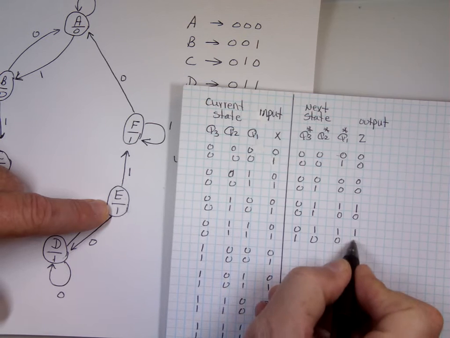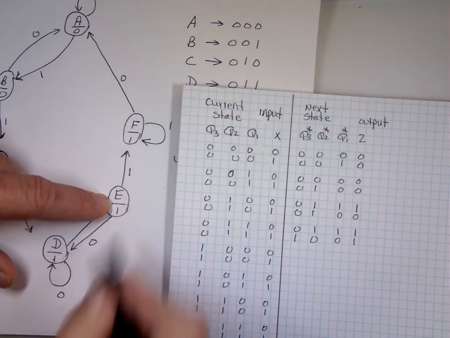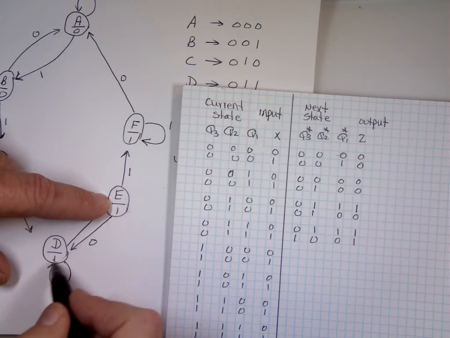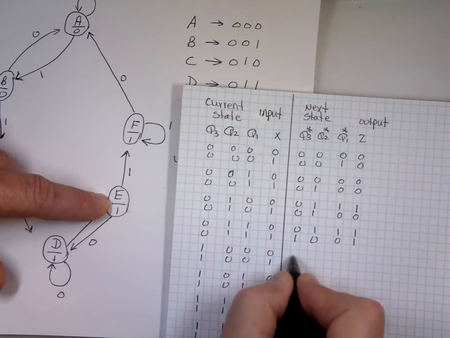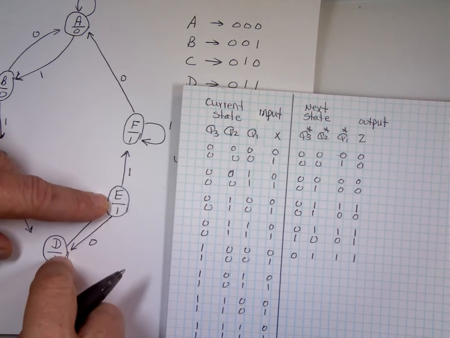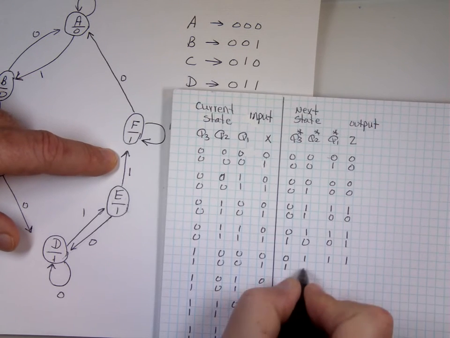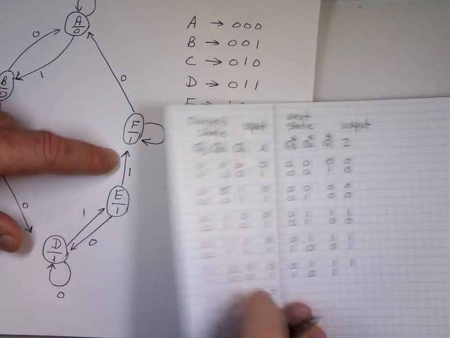And I get an output. If I'm at E and my input is 0, I go back to D, which is 0, 1, 1. My output is 1. But if it's 1, I go to F, and F is 1, 0, 1. My output is 1.